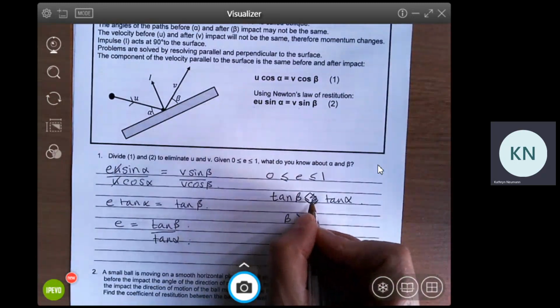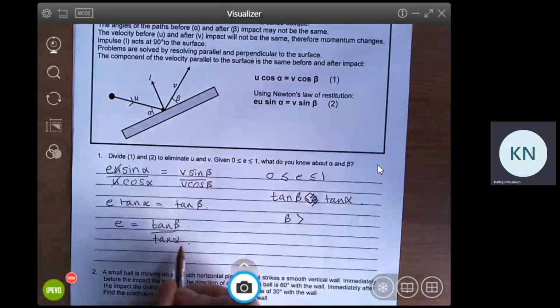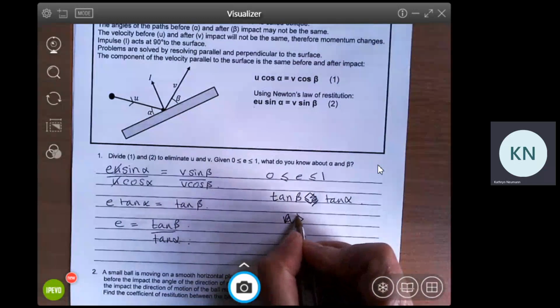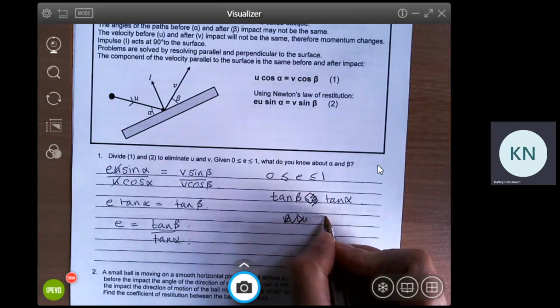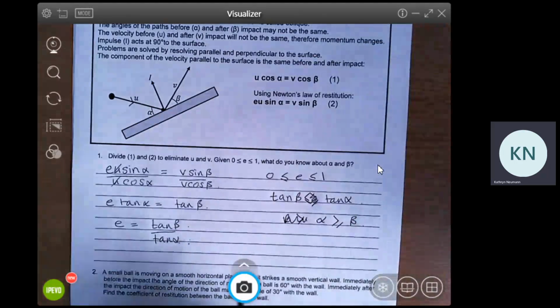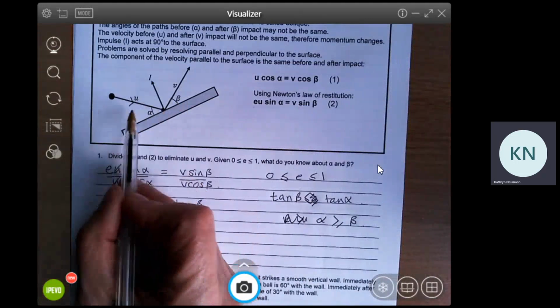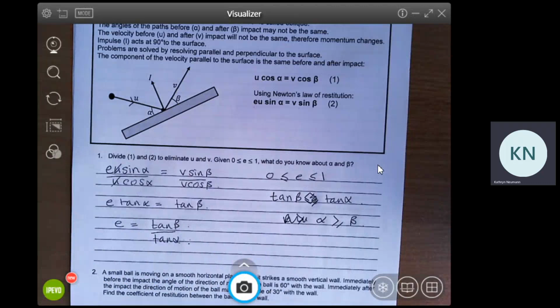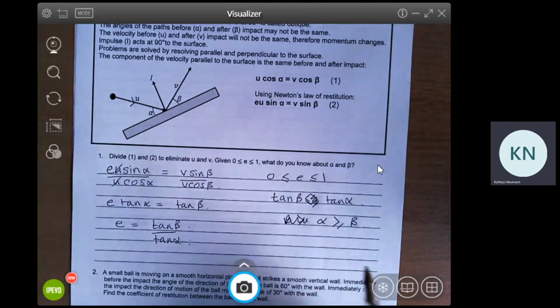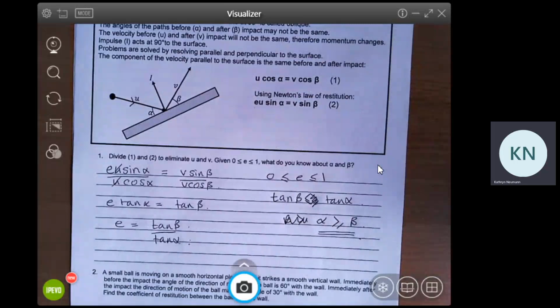So tan of beta has to be less than tan of alpha in order for this equation to hold. So that tells me that alpha has to be greater than or equal to beta. So that's saying that the angle it approaches at, it will leave at a smaller angle than the angle it approached at. So that's something that you should bear in mind when you're solving these questions.